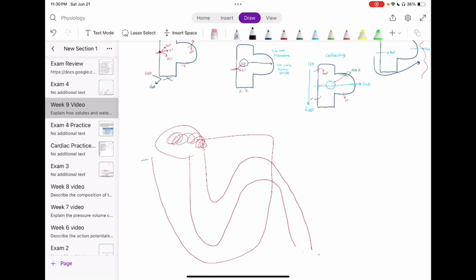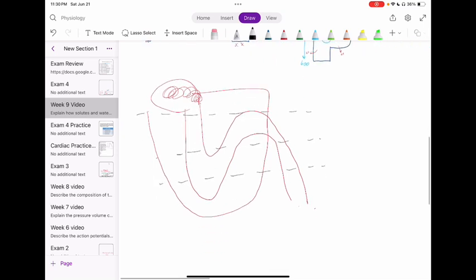I'll draw them as dashed lines across here.